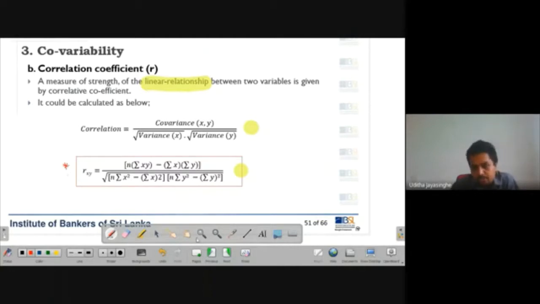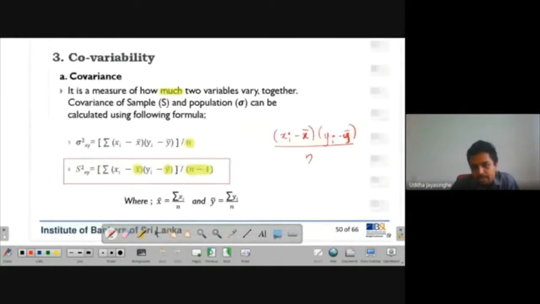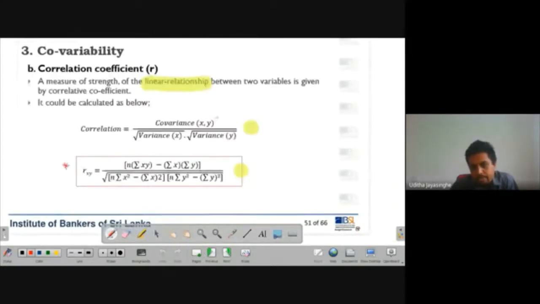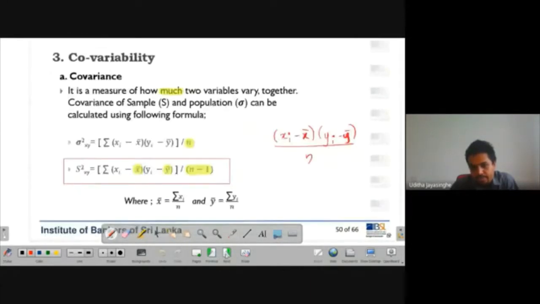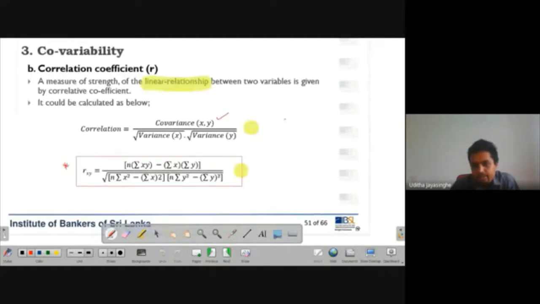Now students, previously we have calculated this beautiful value, covariance. We are going to start with the same covariance here. If I plot it, it's going to be xi minus x bar times yi minus y bar, all divided by n minus 1 or n depending on your data set.